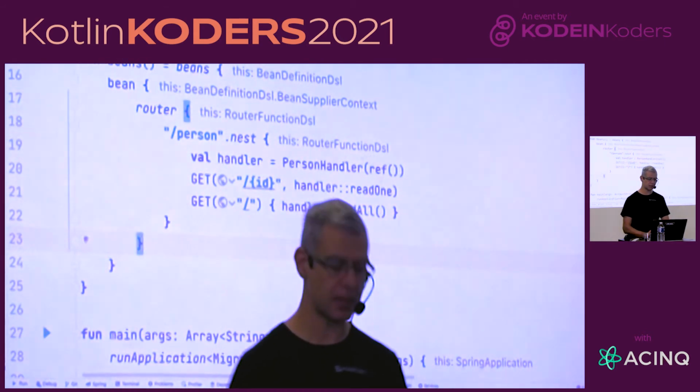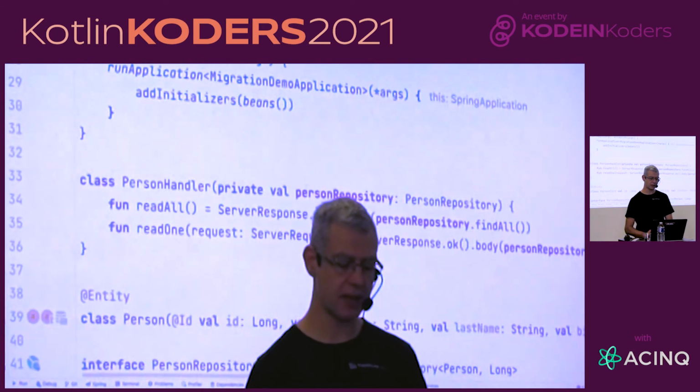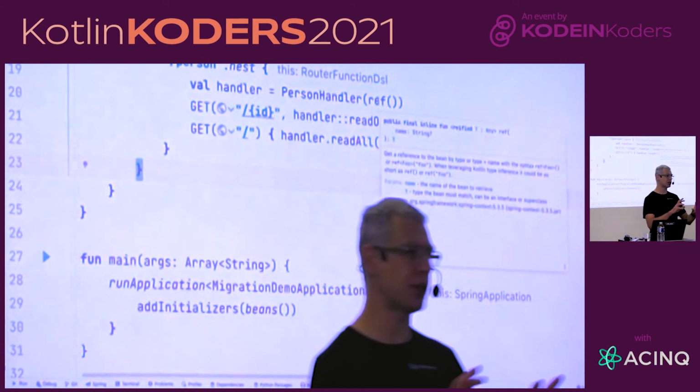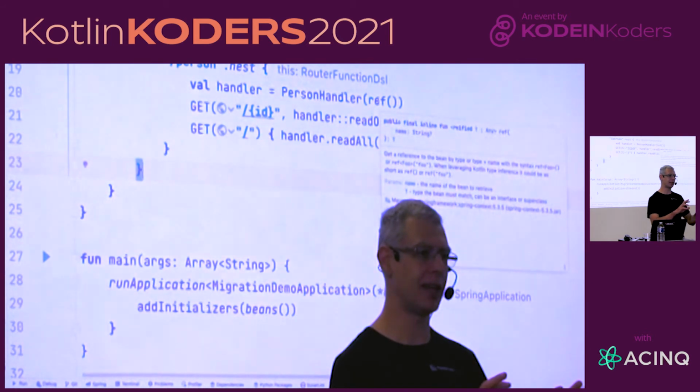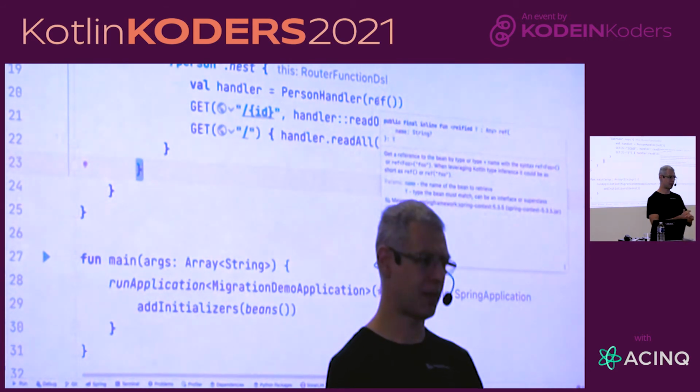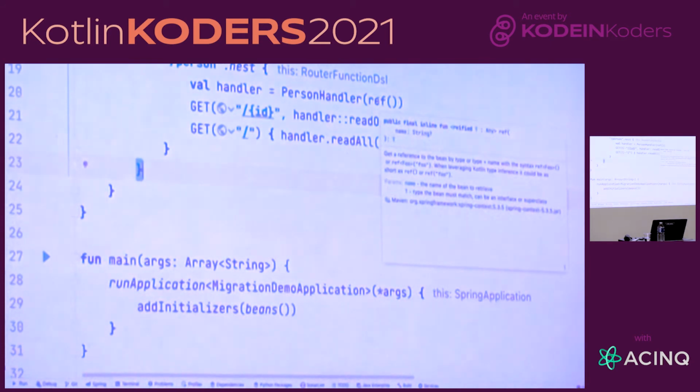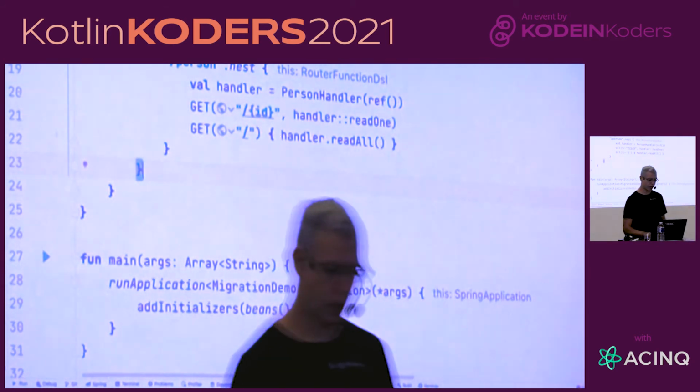Because you remember that my person handler requires a person repository. And here, I have a magical function call that says, hey, get it. Again, I think it's the right answer. Yeah, you are quick.